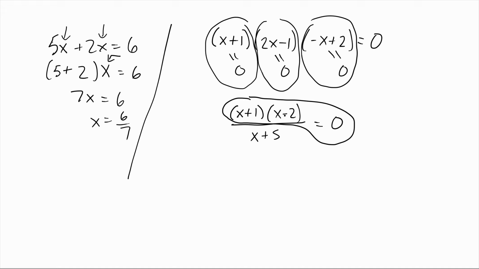Specifically when the numerator is equal to 0. We just need to make sure that the x value that we get on the top to make it 0 isn't something that's going to cause a 0 in the denominator. That's the only thing. We just have to check to make sure of that. So that's basically it for the terminology that I was going over.